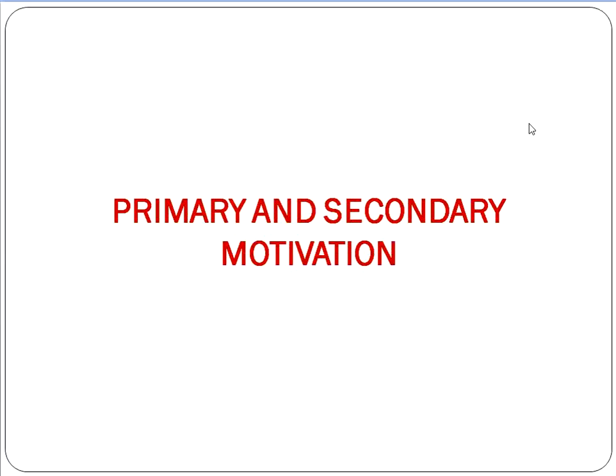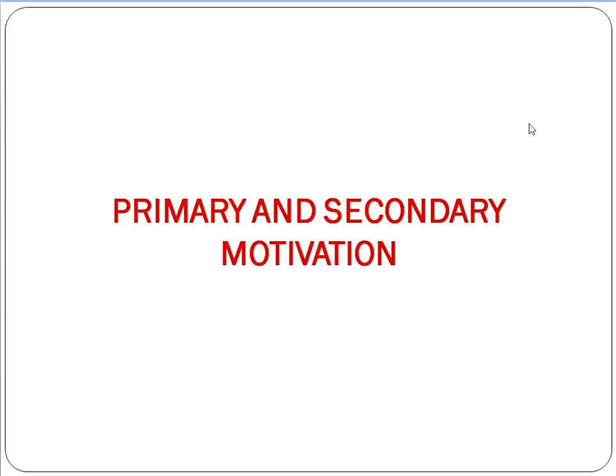So here we are going to discuss primary and secondary motivation. Now let us discuss primary motivation. Primary motivation is generally, in a sense, we can say related to what? The primary needs. For example, food, shelter, clothes. These are the factors that come under what?